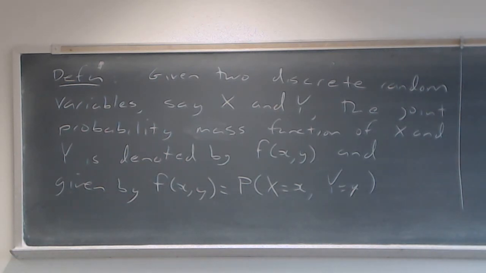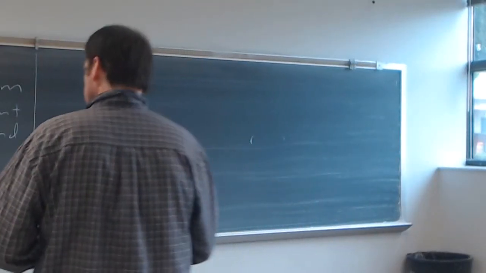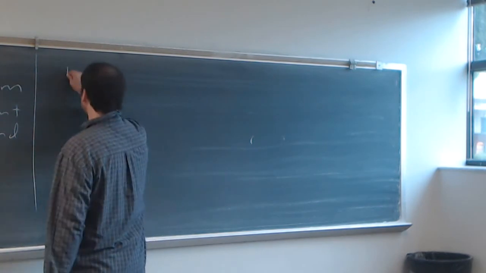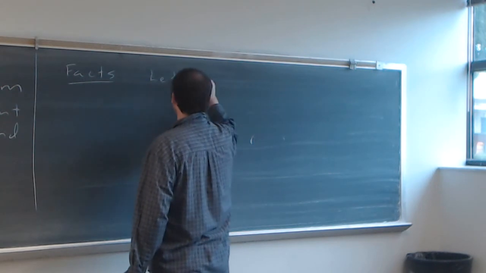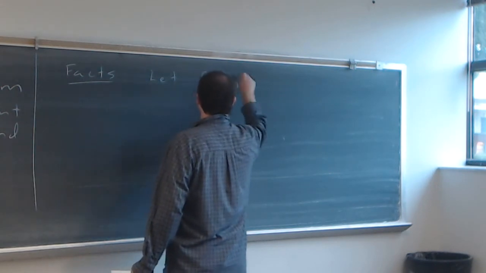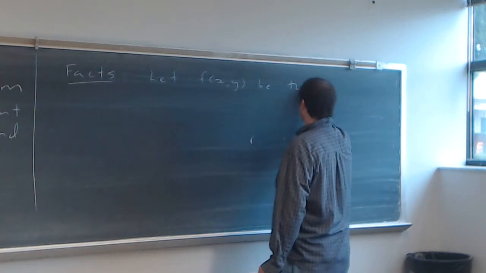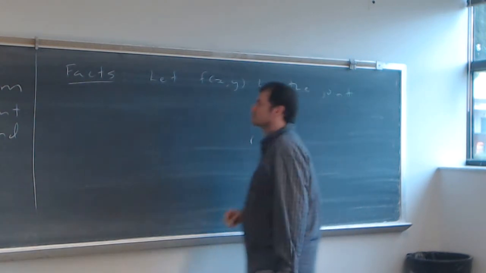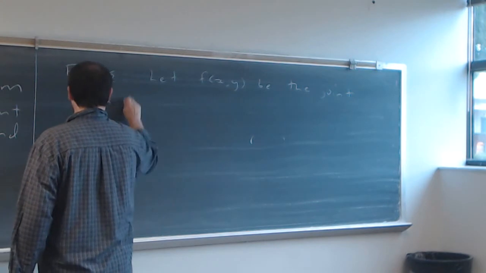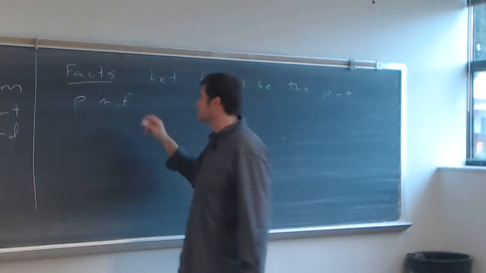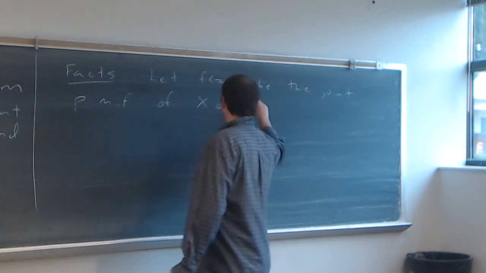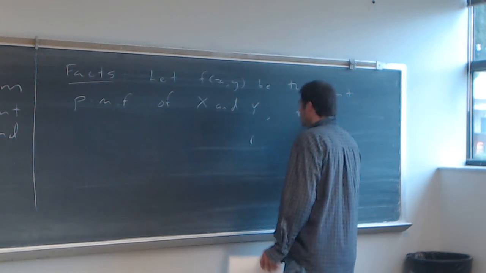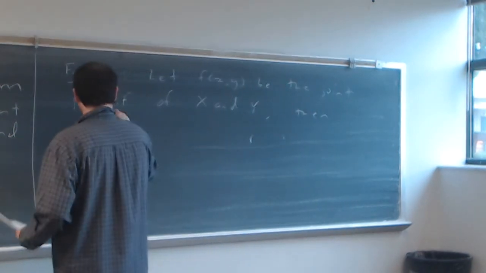Next thing I want to do is just list some facts about the joint probability mass function. Let f of x comma y be the joint PMF of X and Y. Then here are two things we keep in mind.